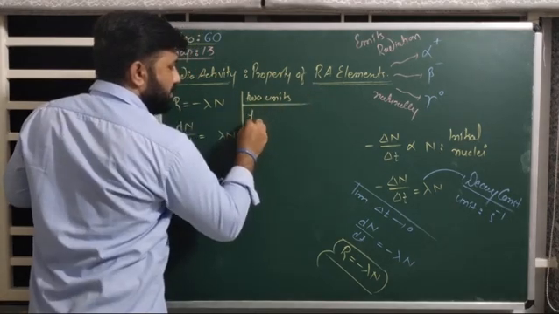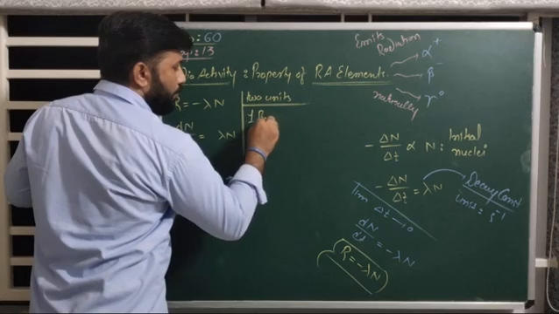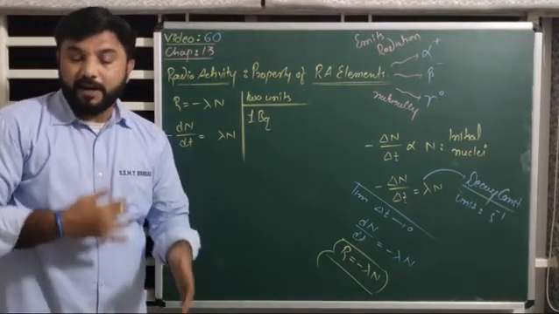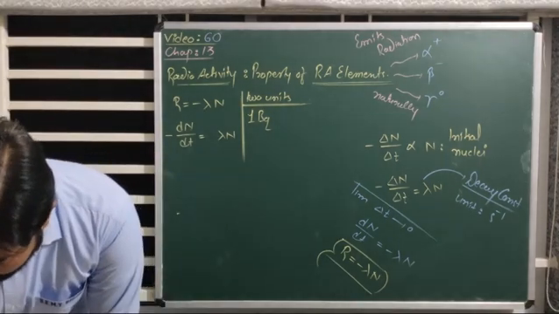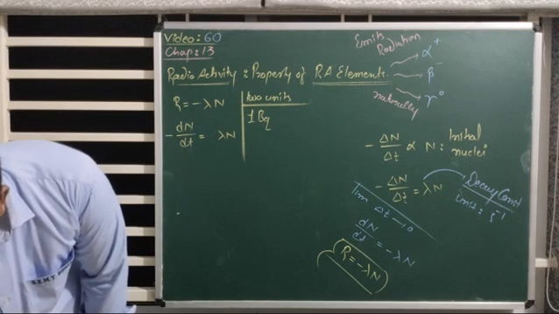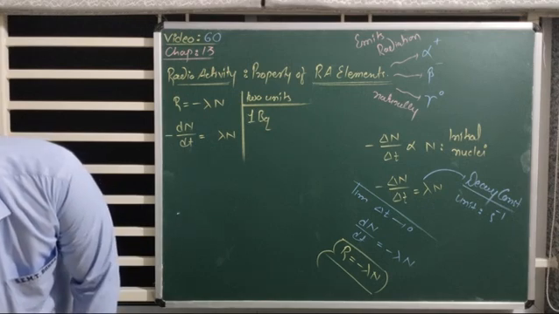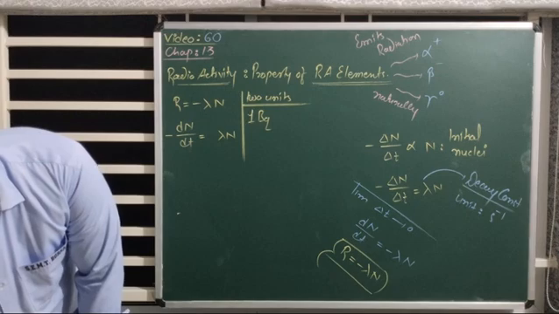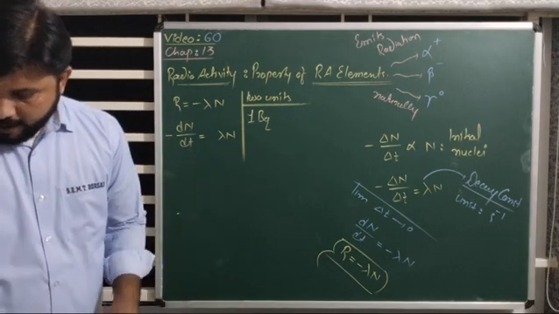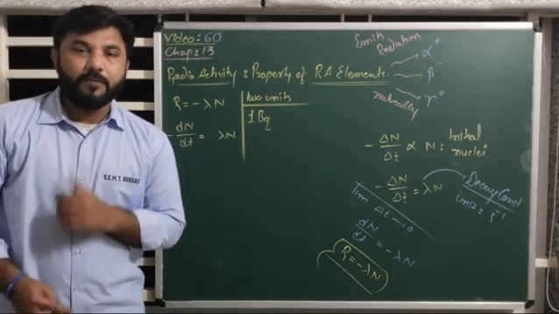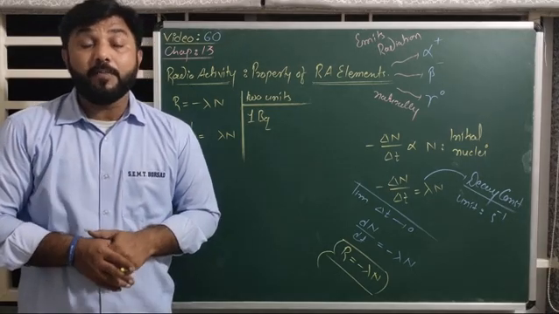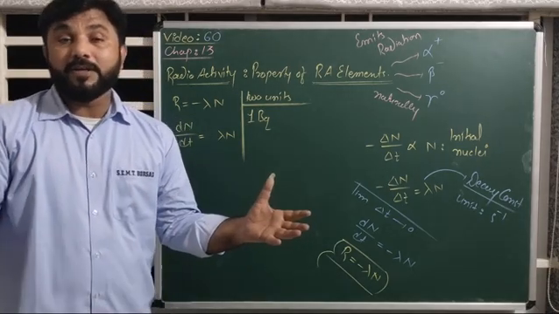First is 1 Bq. Bq means becquerel, right? There is a very nice story on page number 446 and 447, that radioactivity was discovered by Becquerel. How was the discovery?